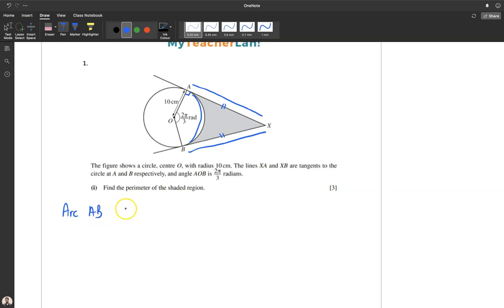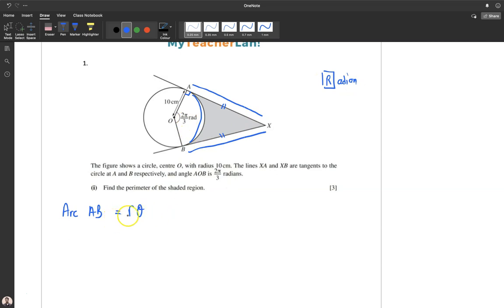In order for us to find arc AB, we use the formula r theta. Now, one PSA: whenever you're on the topic of circular measures, please make sure your calculator is in radian mode, not degree mode, especially when using trigonometrical functions. So in circular measures, we use radian.